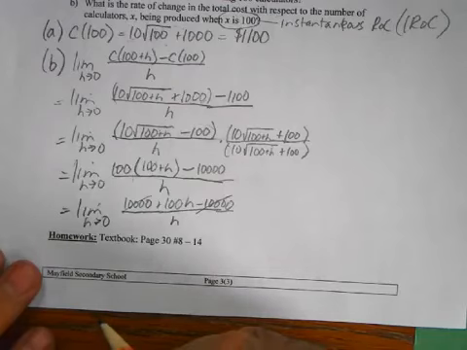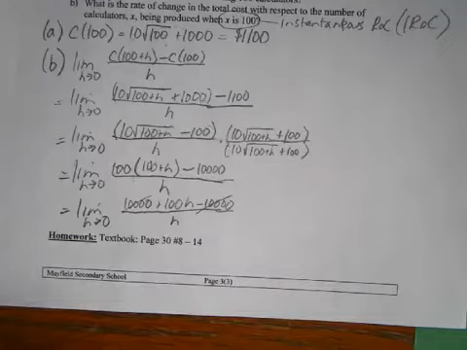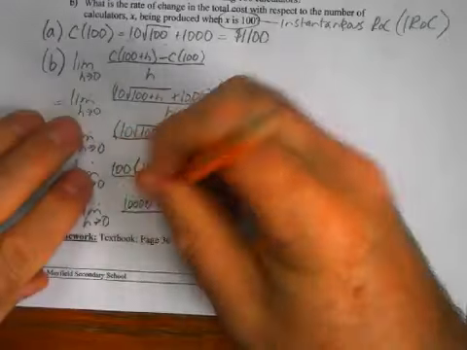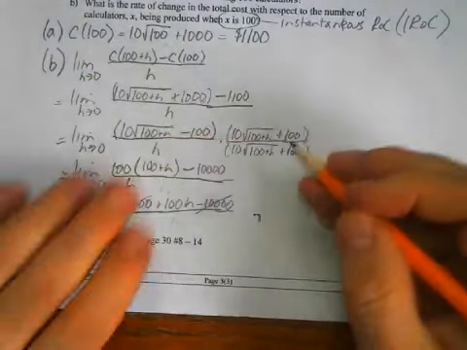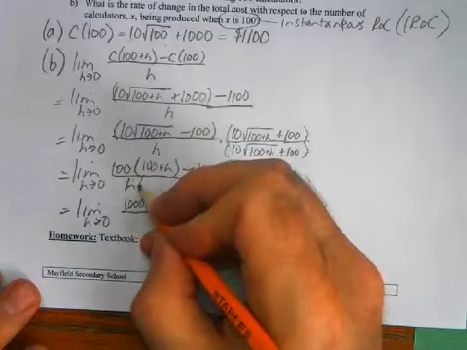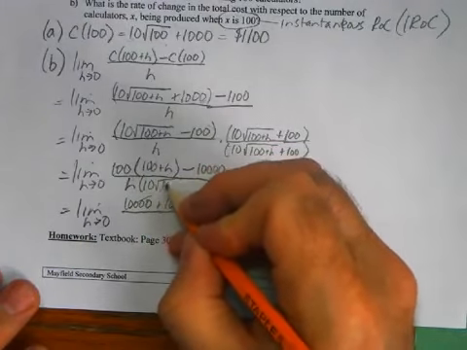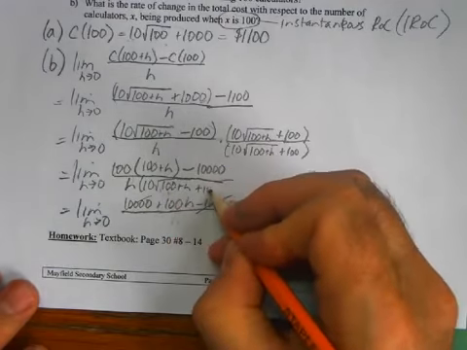No, I did forget to multiply the denominator, so let's put that in. It's never going to work out that nicely. 10 root 100 plus h plus 100 on the bottom.